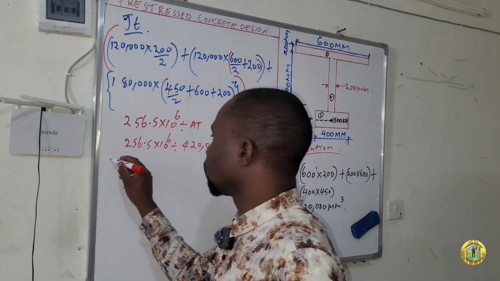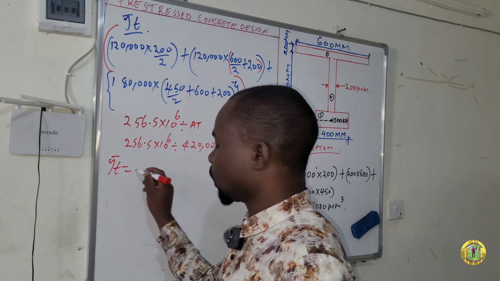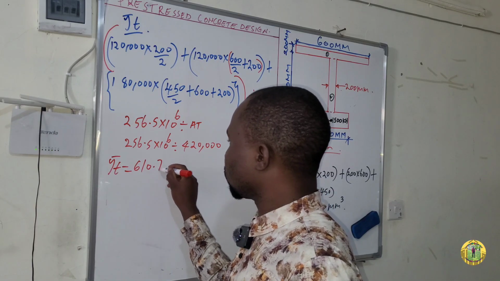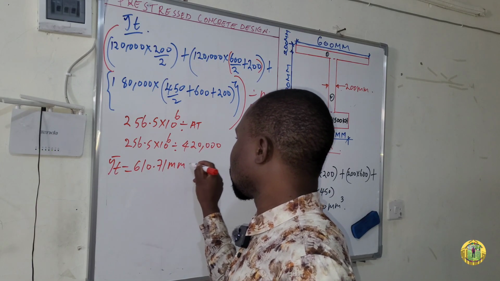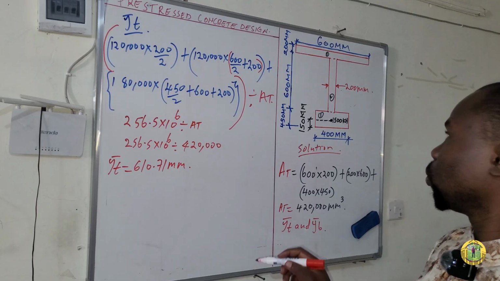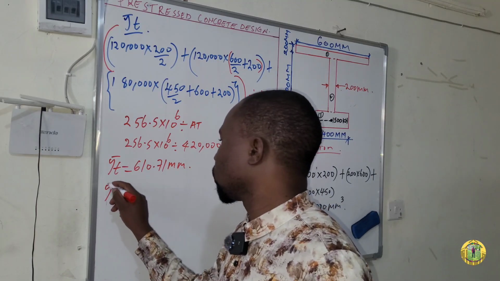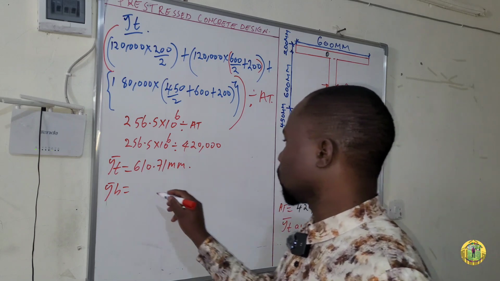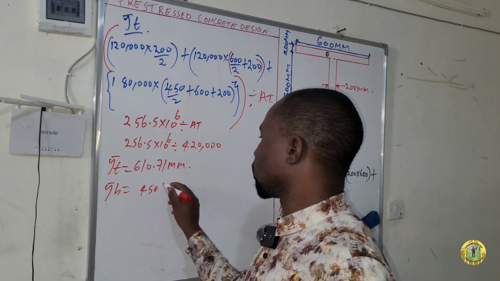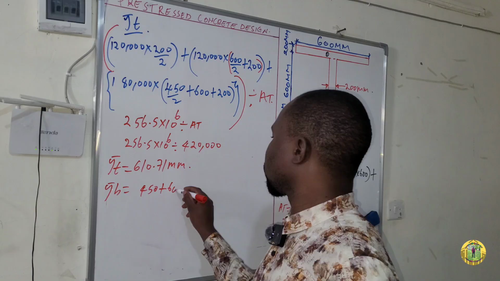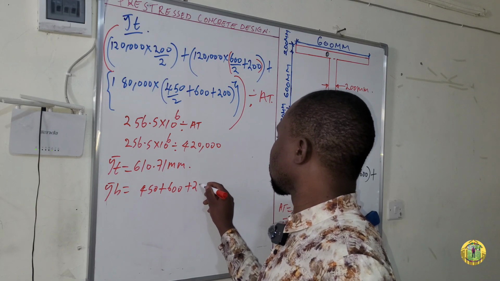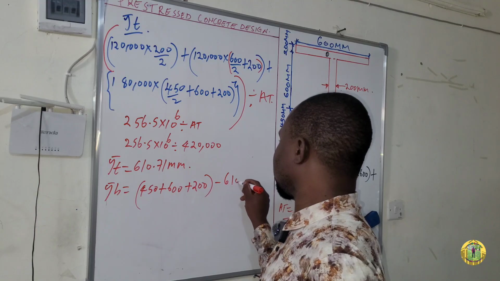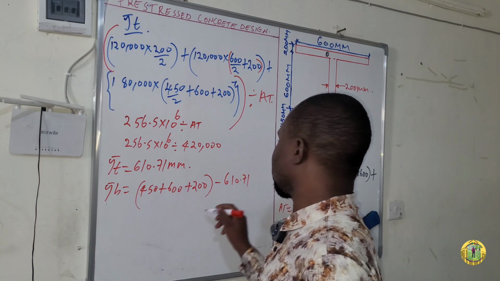So y bar top is equal to 610.71 millimeter. And then y bar bottom, as I said earlier, you take 450 plus 600 plus 200 minus 610.71.